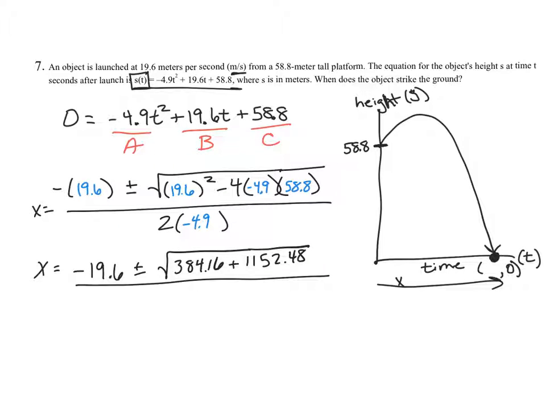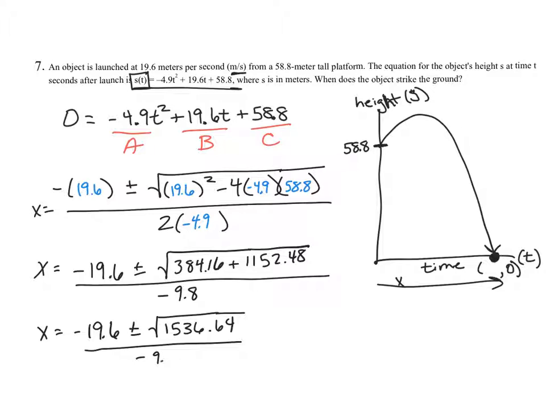And then we multiply 2 times negative 4.9, and we get negative 9.8. Keep working it out. Then we have 384.16 plus 1152.48, and we get 1536.64, all over negative 9.8.